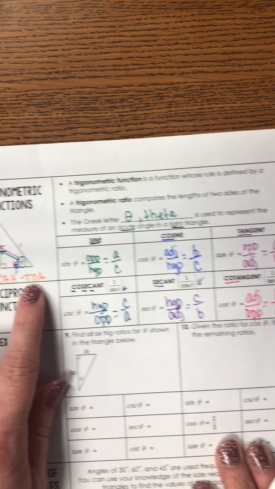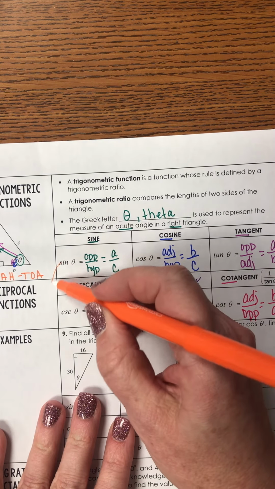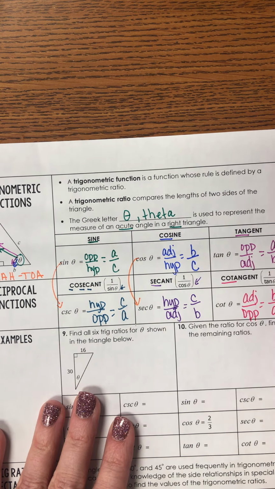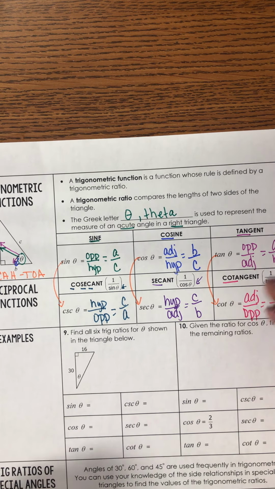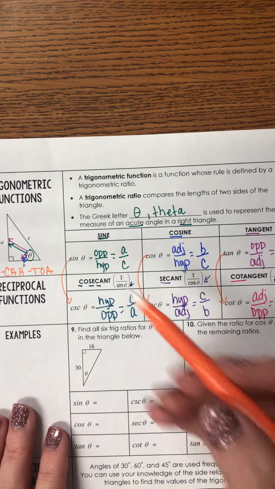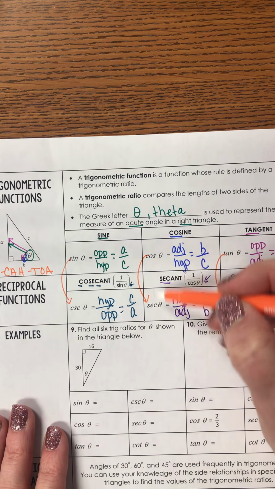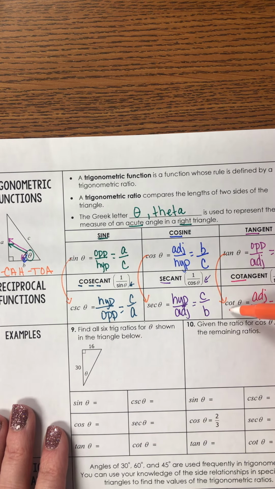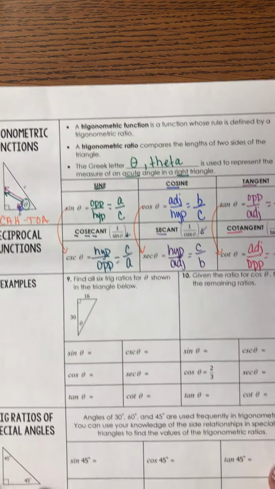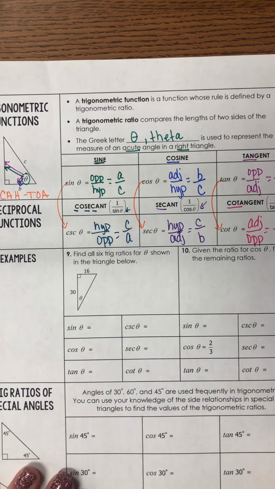And then you have to remember that the reciprocal of sine is cosecant, cosine is secant, and tangent is cotangent. Just remember with the reciprocal functions, you'll never have the same letter. So S and C, C and S, T and C. They're never the same.